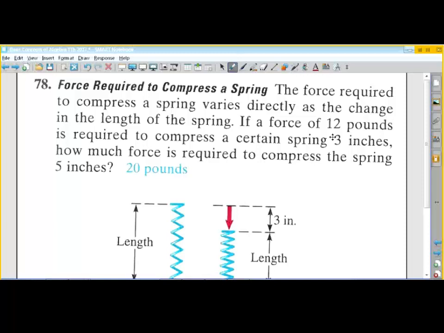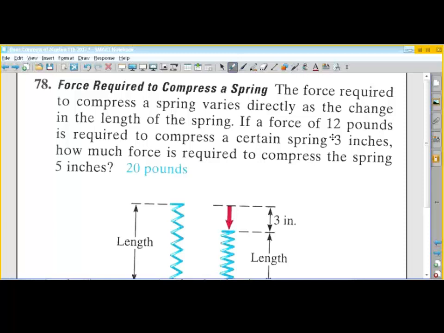One of them is, if I take this mass and I attach it to the spring, there's some length where it doesn't stretch anymore. It's right there. Okay.